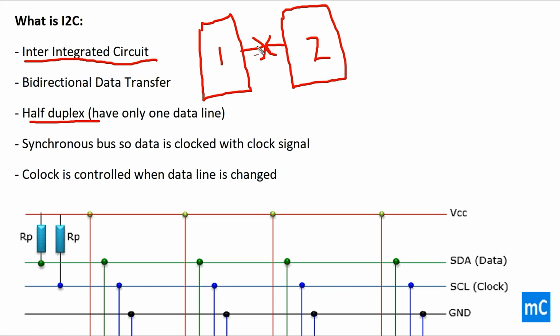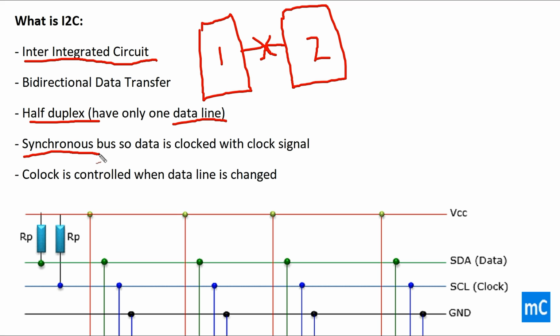But at a single time, only one can transmit the data, so the other will receive the data. This kind of communication is known as half-duplex communication. So I2C has only one data line. That's why I2C is also a half-duplex communication protocol.